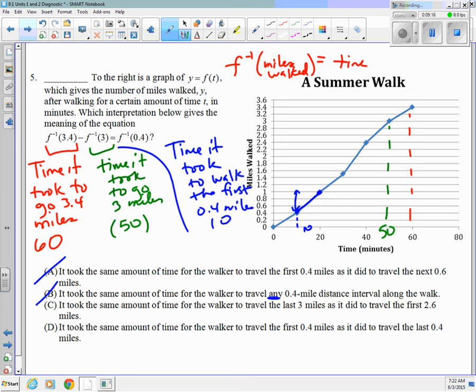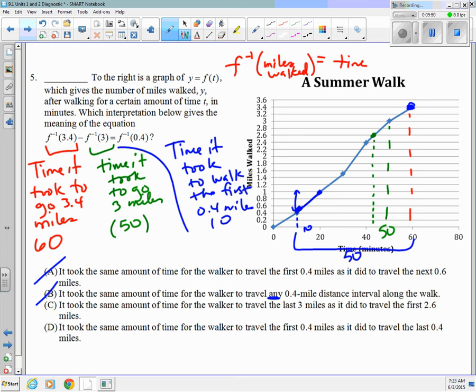Choice C, it took the same amount of time for the walker to travel the last 3 miles as it did to travel the first 2.6 miles. Well, that might be true, but we could actually see that the last 3 miles would be from 0.4 to 3.4, which is 50 minutes. The first 2.6 miles would end up happening here, which looks like it's at around 45 minutes.